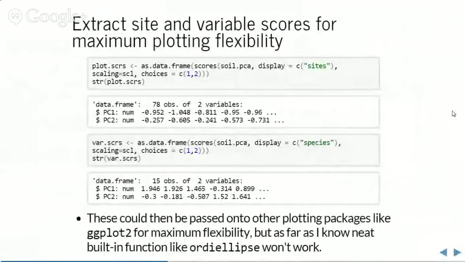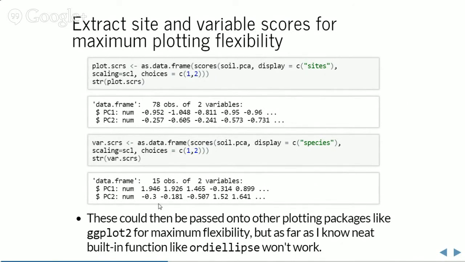And then if you really wanted to customize stuff, you can extract the site and the variable scores for, I'll just say, maximum flexibility. You can make a data frame for your site scores and a data frame for your variable scores, and then you could pass these on to other packages like ggplot.